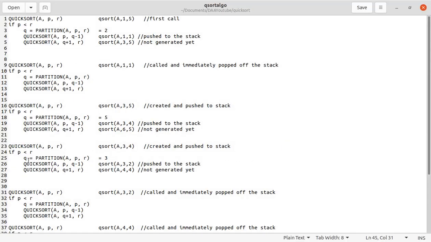So there will be two more calls, but only one call will be generated. So qsort A3 2, that is A, p, which is 3, and q minus 1, which is 3 minus 1, 2. So this is called and pushed to the stack.